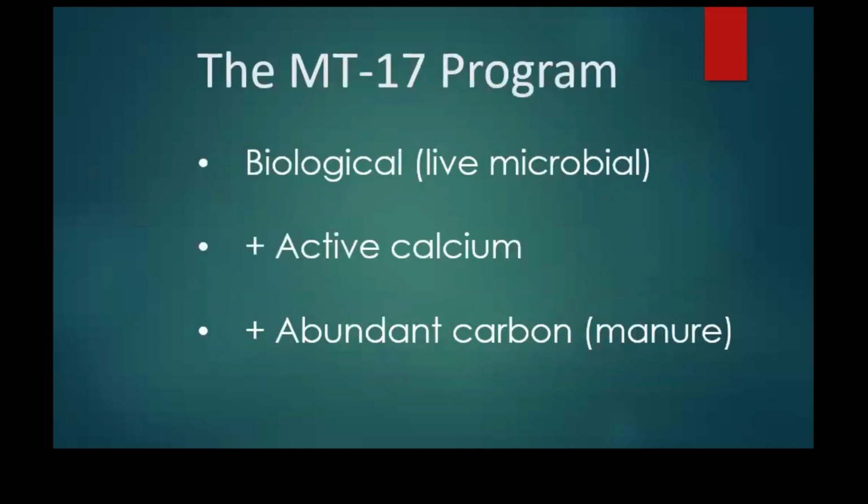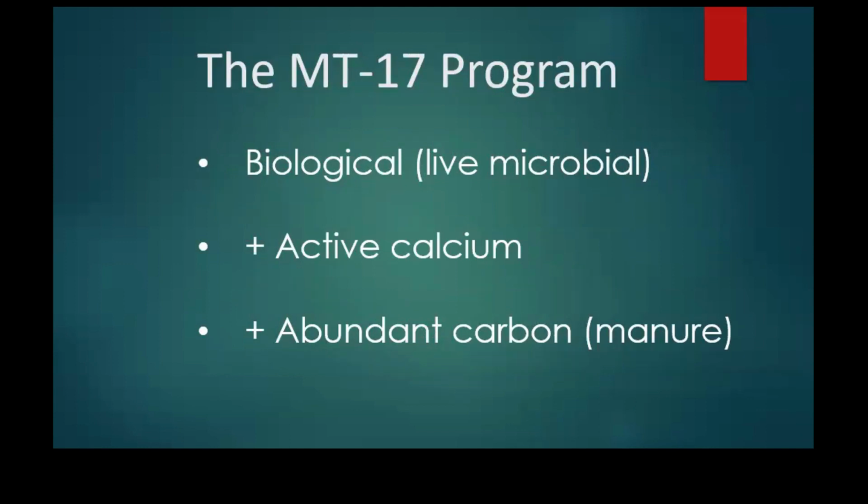So for that program to be effective, three things have to come together. We need the biological or the live microbes, which the MT17 supplies. We need active calcium in the soil, so it's flocculated. We have that pore space. We have an environment for those microbes to work in.